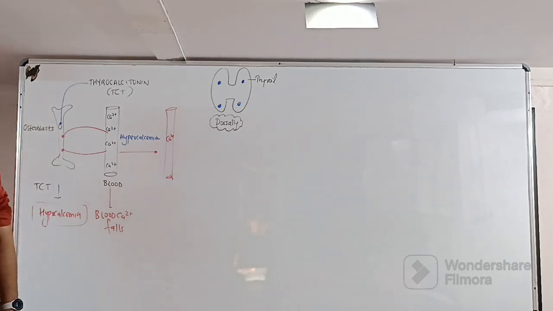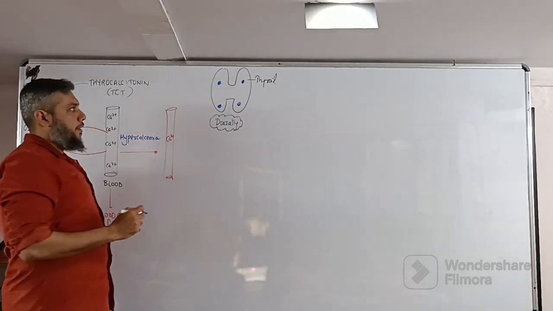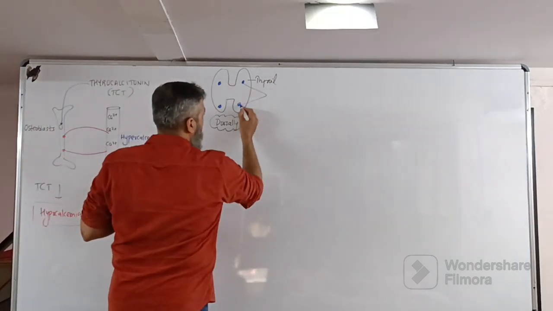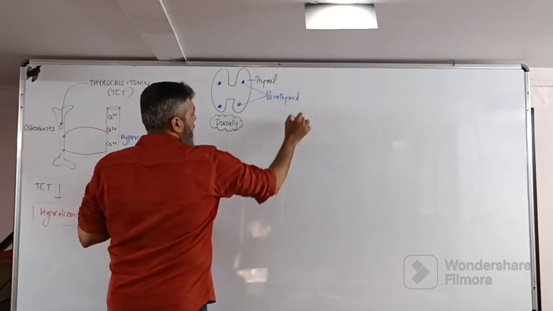They are located dorsally on the thyroid, embedded, like when we place a cherry on a cake and press it in. Those glands are called parathyroid.